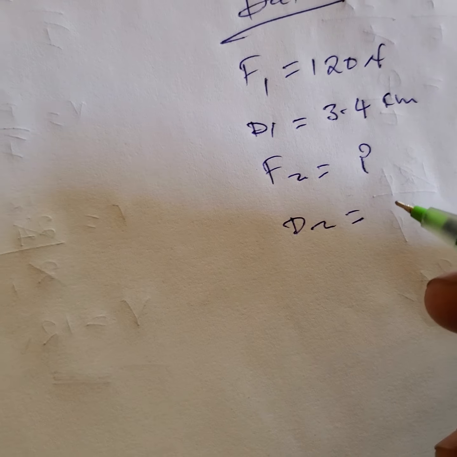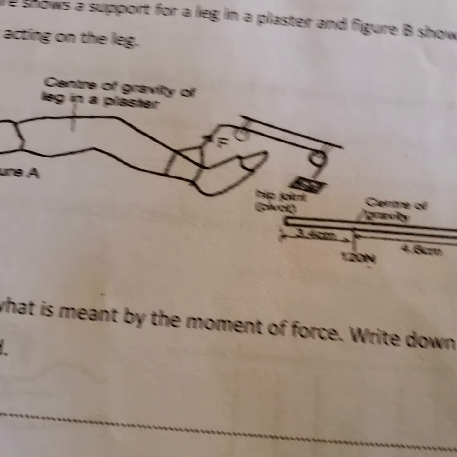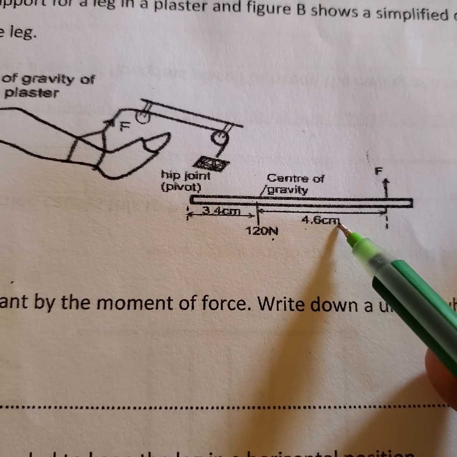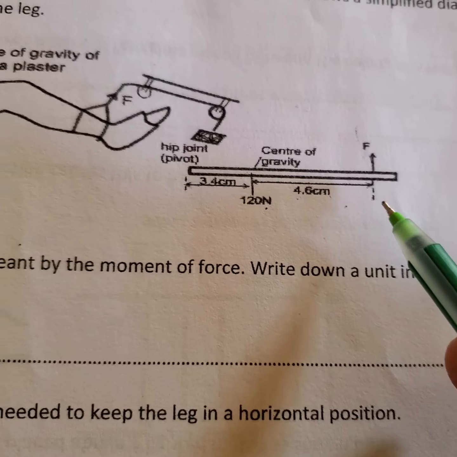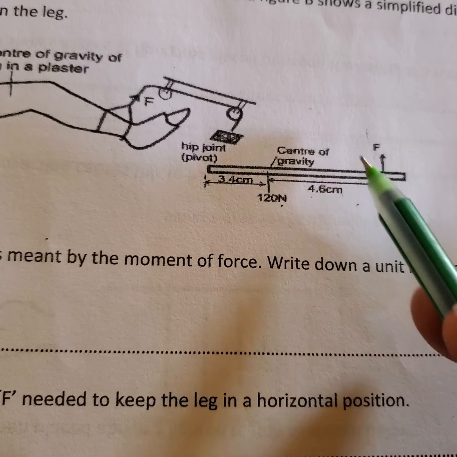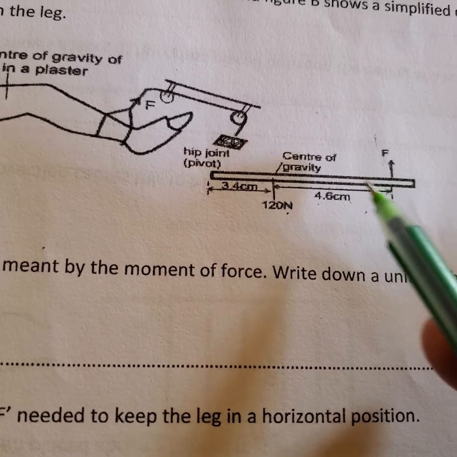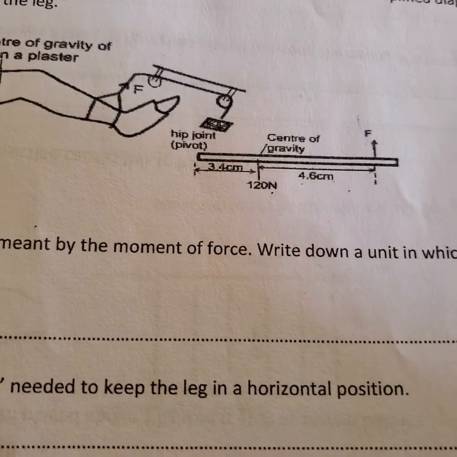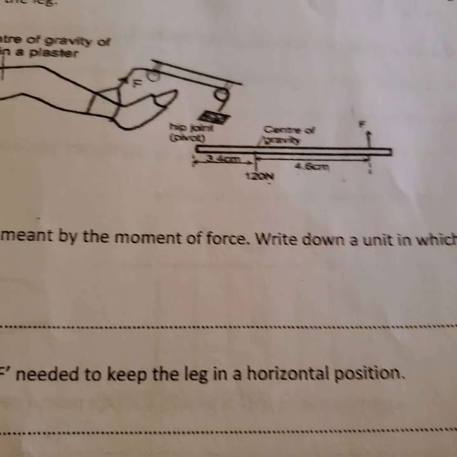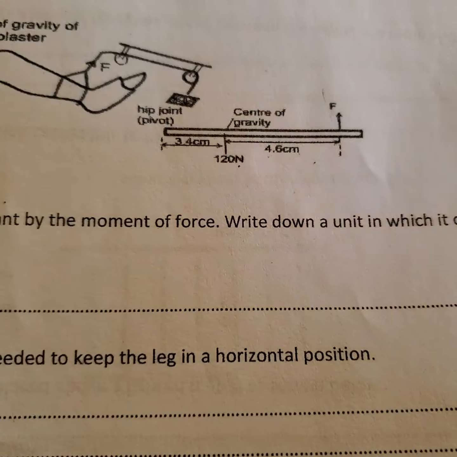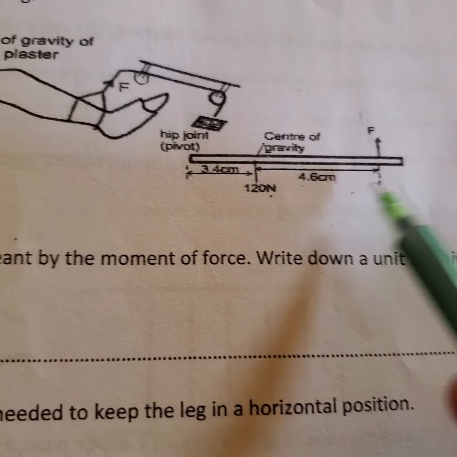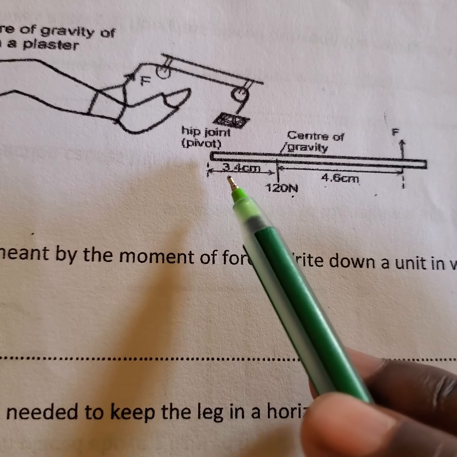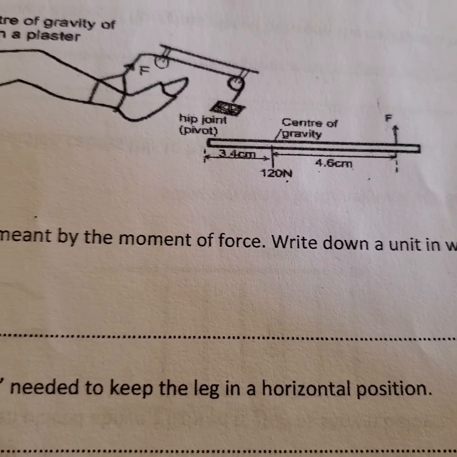This is where the trick part is. Others might think that distance 2 is 4.6. No. When you look at the definition we just gave from the question, we said moment of force is a product of force and perpendicular distance. That means we do not just get any distance. We get the distance from the applied force to the pivot.